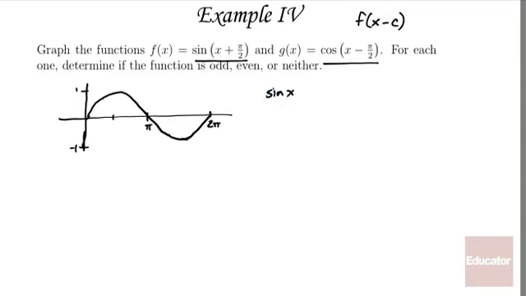What I'm going to do in blue now is the sine of x plus pi over 2. What that's going to do is move the graph over pi over 2 units. But remember, there was a negative sign in there that I don't have here. So this is really like sine of x minus negative pi over 2.